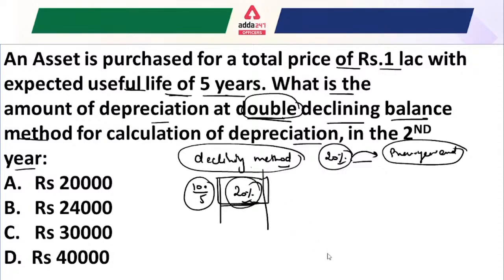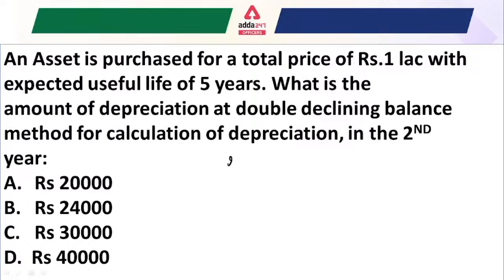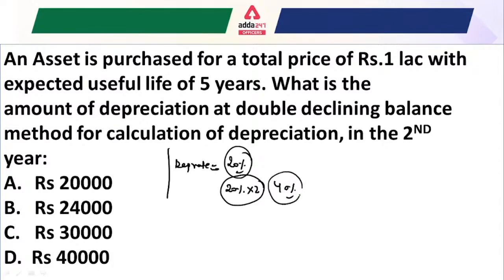So in the double declining balance method, if 20% is the depreciation rate, for the double declining method we multiply by 2, that is 40%. All things are the same, but the only difference is that we have to multiply the depreciation rate by 2. Okay, so suppose that an asset is purchased with 1 lakh rupees.